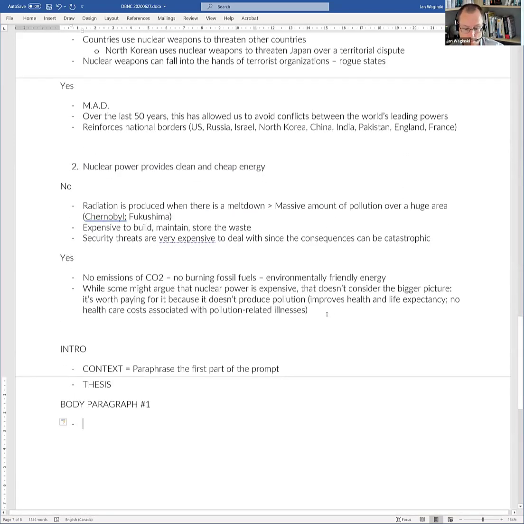The structure is topic, reason, evidence, if you can, example.